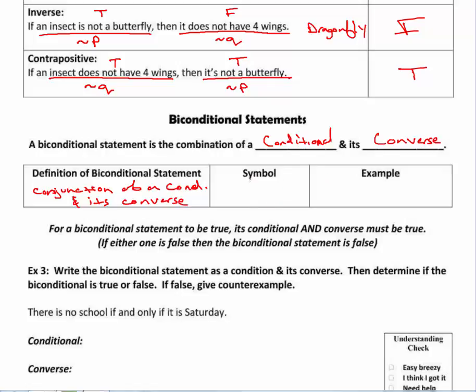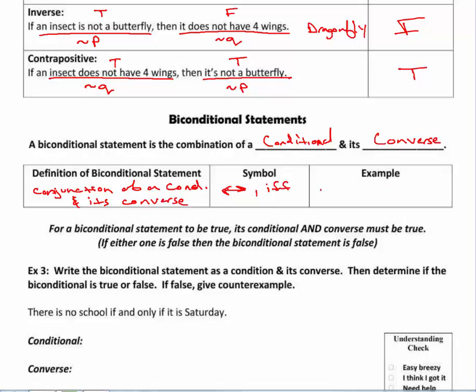Okay, the symbol that we use for that, remember when we used just the arrow for the if-then, is we're going to use an arrow that goes both directions, and we'll see what that means in a minute. And another symbol that you might see is the 3 letters I, F, F.